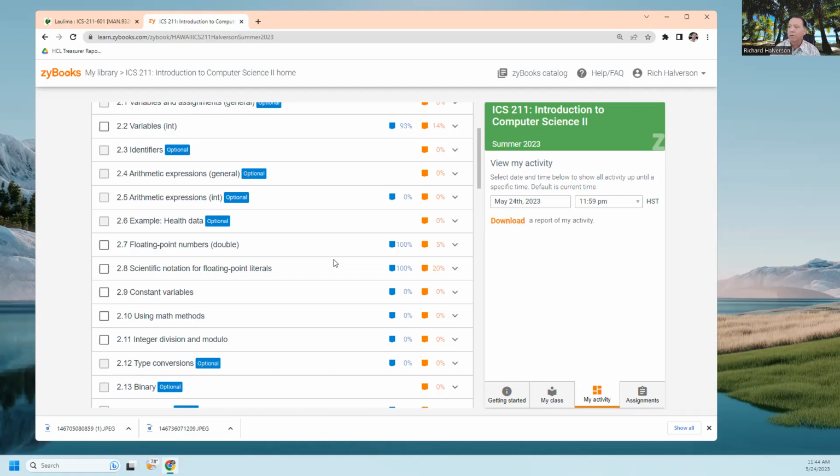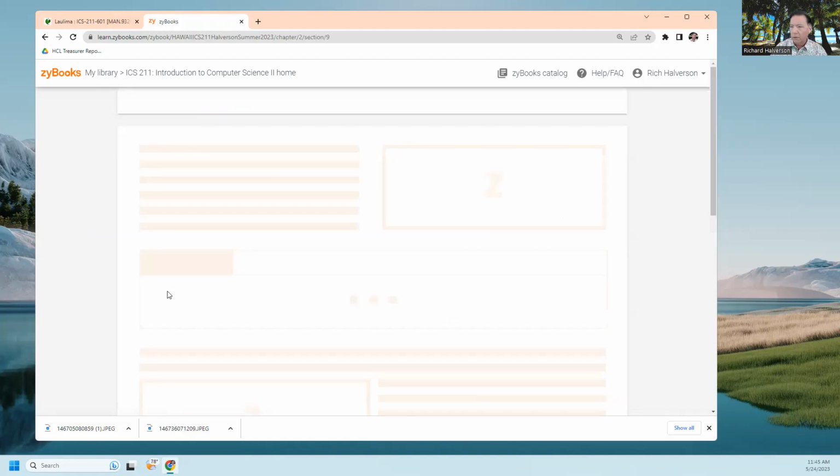Even though there are two problems worth 10 points, one is real easy and one is real hard. Well, you're certainly expected to get the easy one. That's how I can justify the huge variance in the number of points given for these assessments. In other words, some assessments I give you the answer to, and other assessments I don't. So anyway, let's do the next one, which is constant variables.